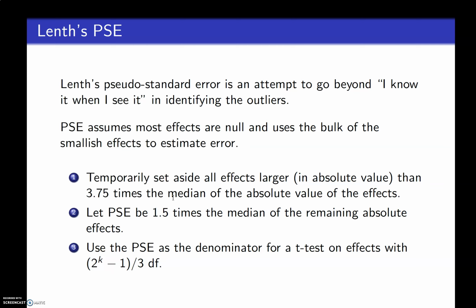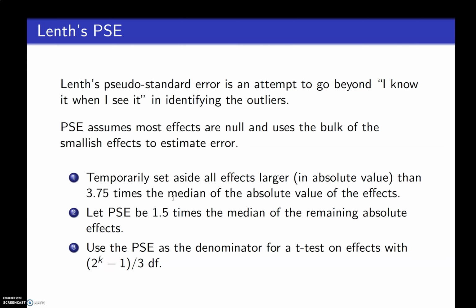Then the PSE is going to be 1.5 times the median of the remaining absolute effects. Those are deemed the most common. So the PSE is just going to be 1.5 times the median of those that fall within the normal range, and I'm not saying normal distribution, the regular range, I should say.